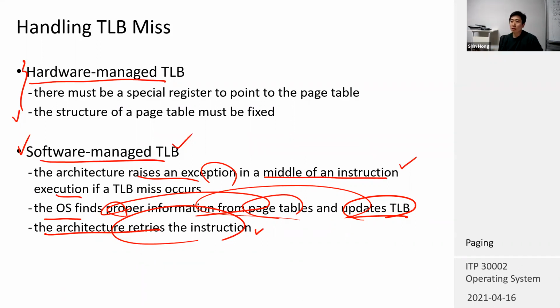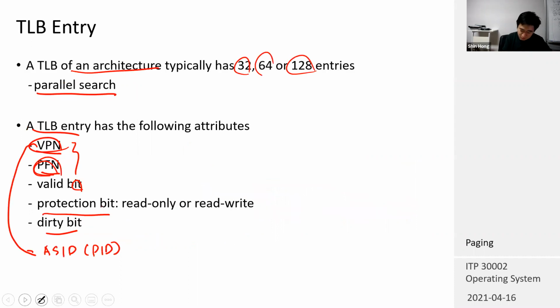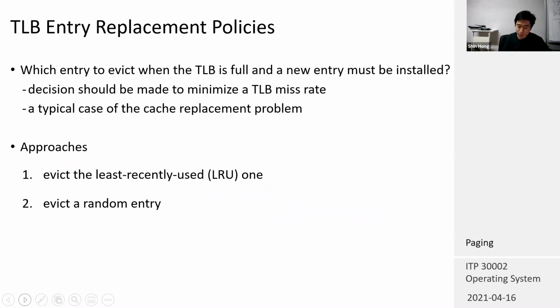So this one is expected to be used frequently in the next few steps, but there's no space. So we need to kick out one old one, but which one? That's an issue. And that type of decision making is generally known as a replacement policy. Replacement policy. This happens frequently in many different issues in computer systems.